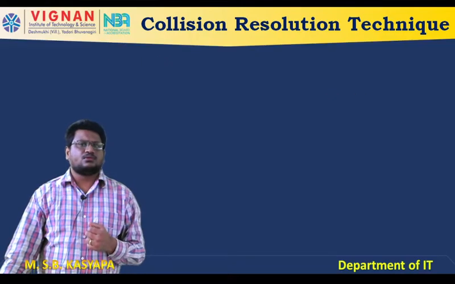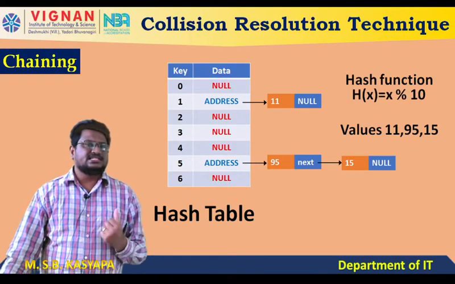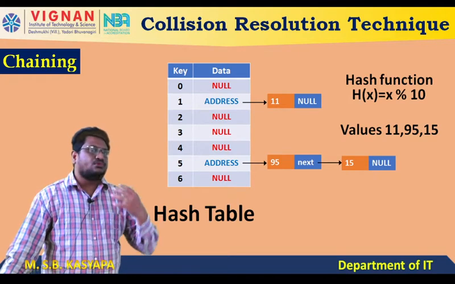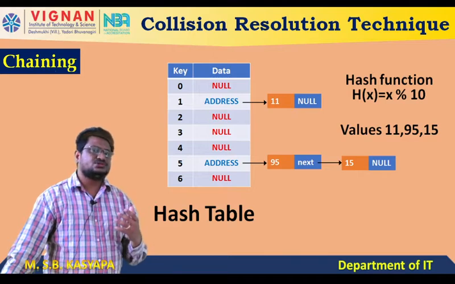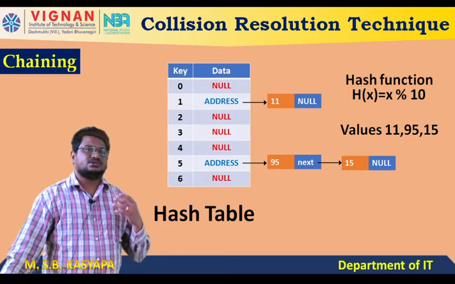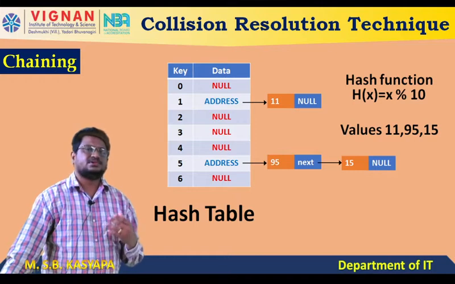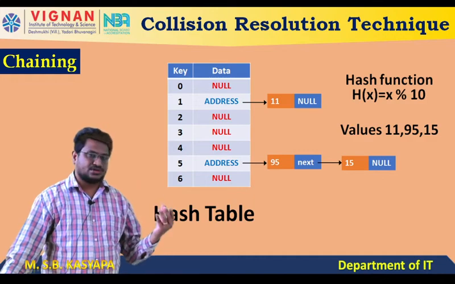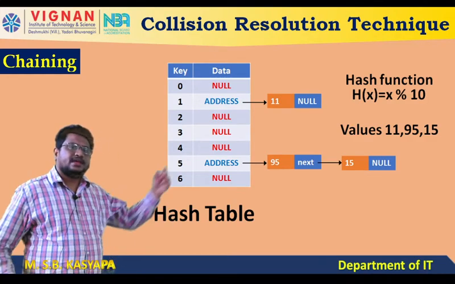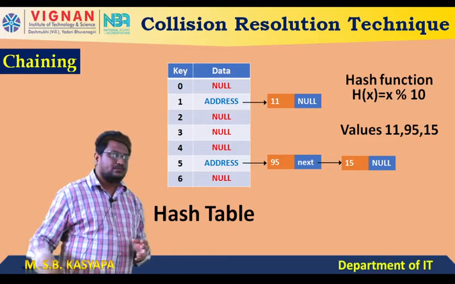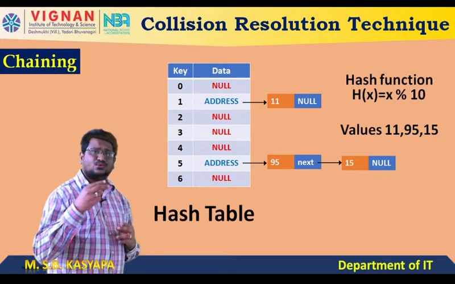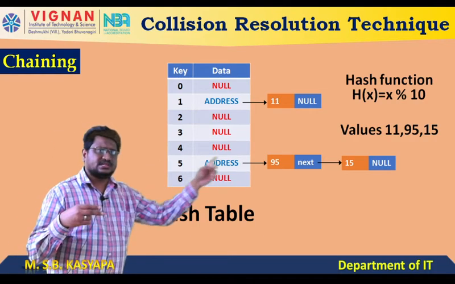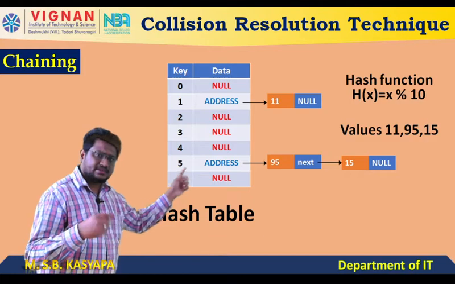But what are the main disadvantages of chaining? The main disadvantage is that it takes more space, because it needs to store addresses also, so it requires more storage space. And see here, in this hash table I am going to store 3 values, but I have used only 2 fields, that is 1 and 5, because 2 data fields are representing the same address.